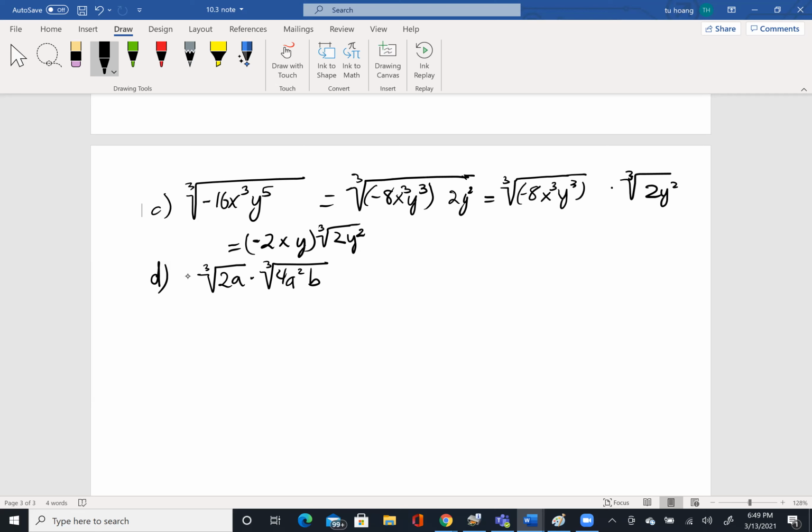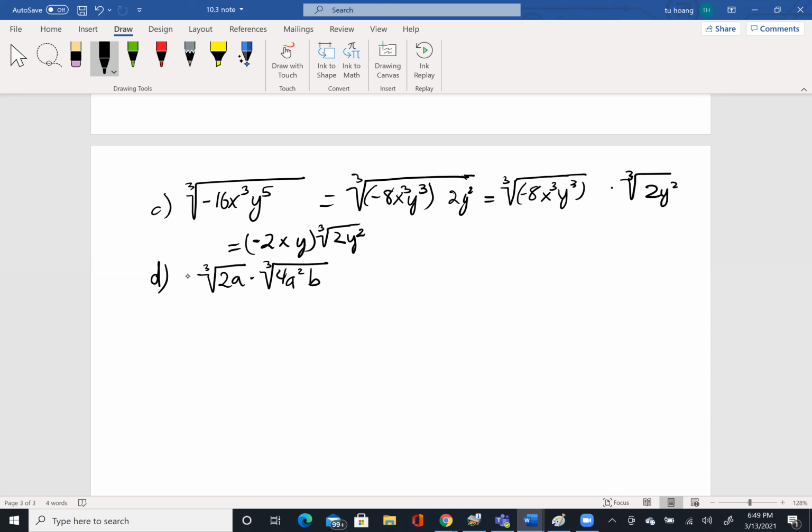You try to figure out for each radical the largest perfect cube, and you see that for the first term, 2a, there is no perfect cube, and 4a squared b is also the same.